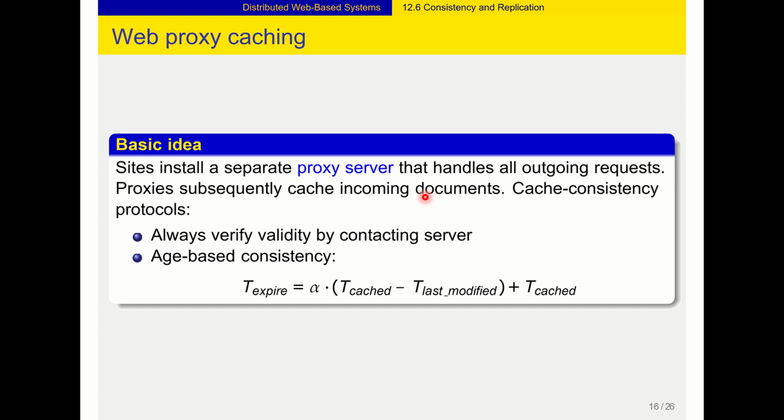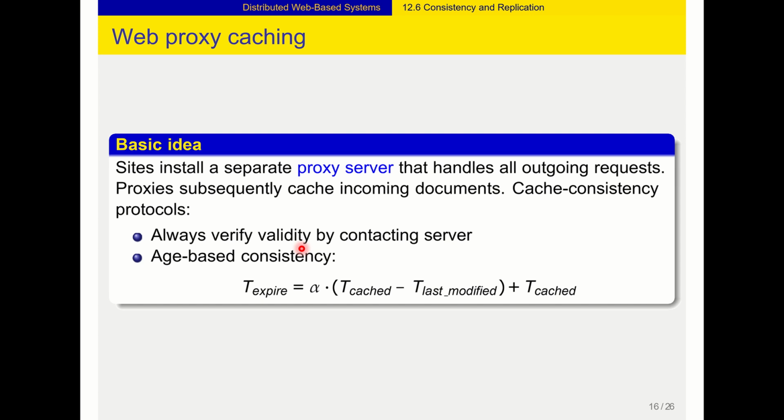To keep cached documents consistent, we use two approaches. First, validity checking. Validity checking is when the proxy contacts the server to confirm the freshness of the document, whether it is the latest document or not.